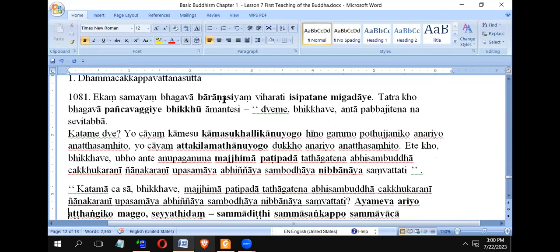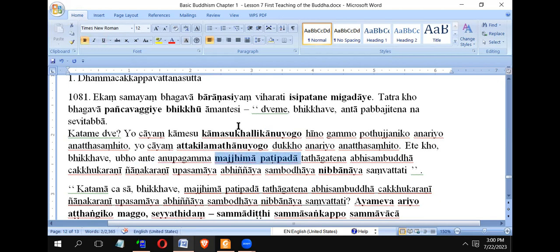So we already covered the place, Varanasi, Isipatana, Migadaya. Then the two extremes, Kamasukhallikanuyogo, the practice of sensual indulgence, and Attakilamathanuyogo, the practice of self-torture. Avoiding these, we call it anta. These two paths are not to be approached. And why does the Buddha call it Majjhima Patipada?